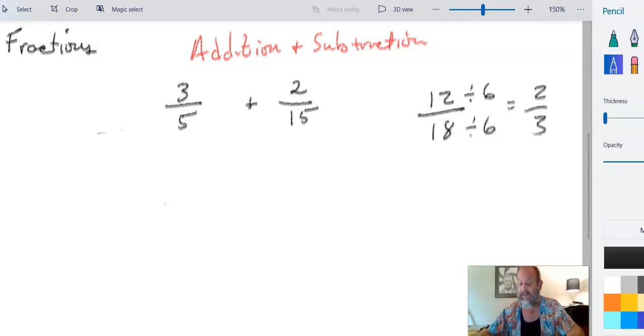Again, it's because division and multiplication are basically the same operation. So I want to see if there is a number that I can turn both of these denominators into. And because 5 is a factor of 15, I can multiply 5 by 3 to get 15. So that's what I'm going to do.